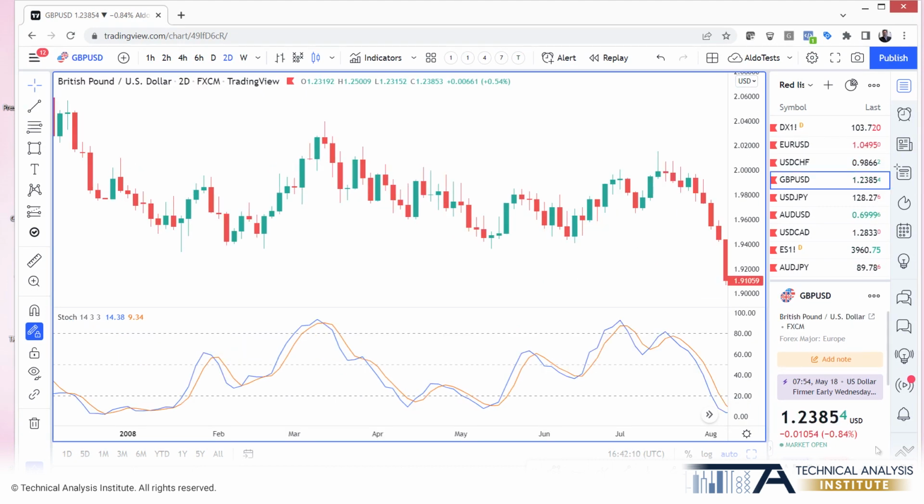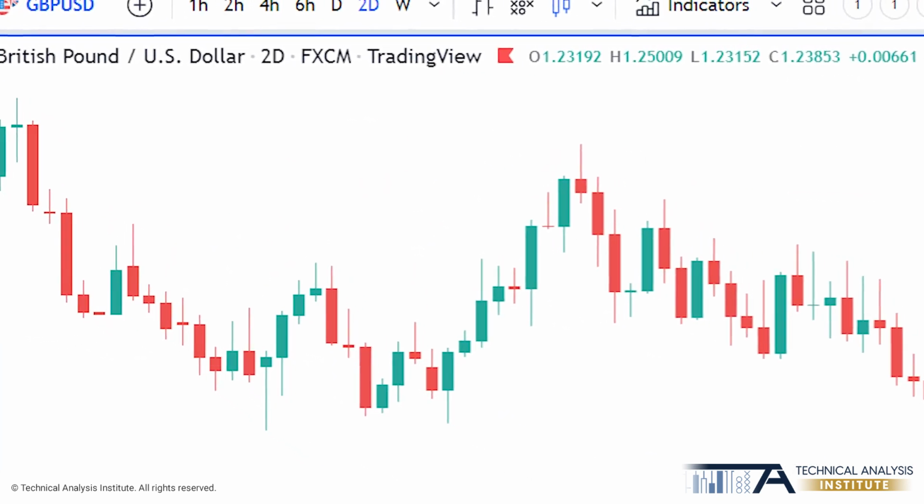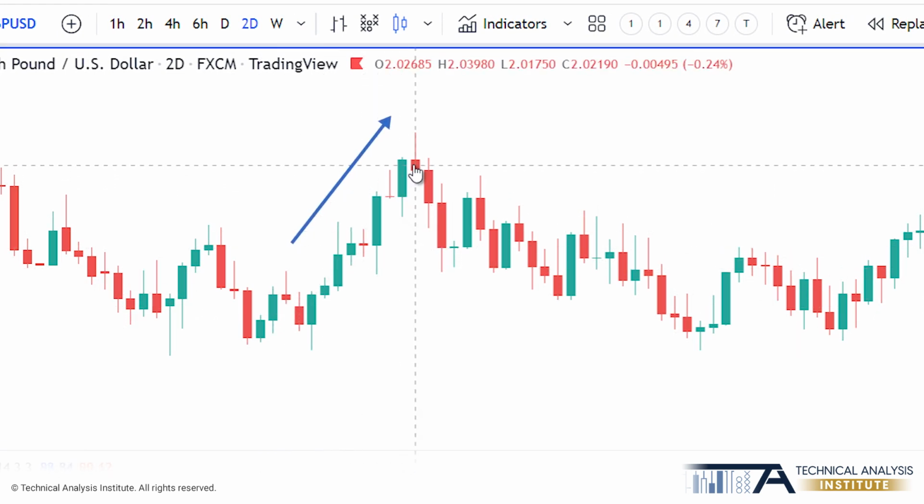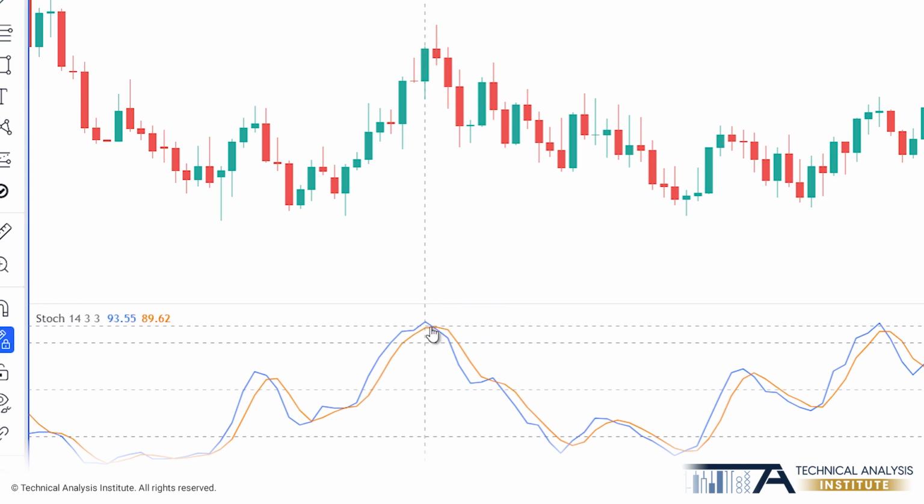Here we have another example in the pound where we can see how prices were going higher, higher, higher, produce another high and a very small body there with a big upper shadow to the upside. And then you can see that the stochastic crossed and the two lines cross the 80 reference line, confirming that beautiful signal of the shooting star, producing a tremendous decline.